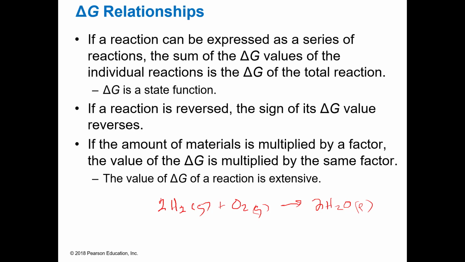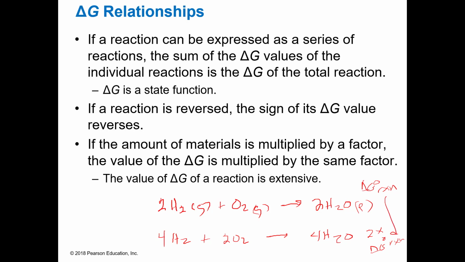Well, if we wanted to say 4 moles of hydrogen gas reacts with, or I'll do it this way since I've already started, 2 moles of oxygen gas yields 4 moles of water. Whatever the standard Gibbs free energy of reaction is for the first one, this one is 2 times that. So it'd be 2 times the delta G of the reaction of the first one there, because that's the multiplier.